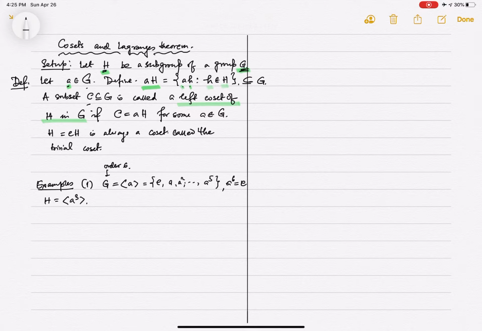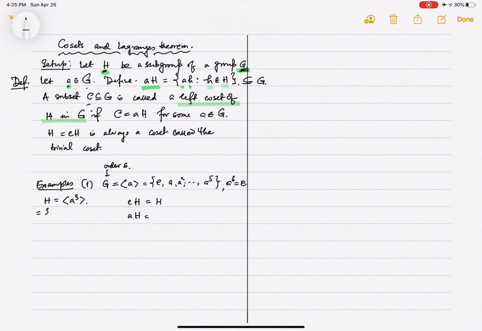Let's write them out. Well, you have the coset containing identity, which is H. Then you have the coset containing a. What is that? Well, what is H, first of all?